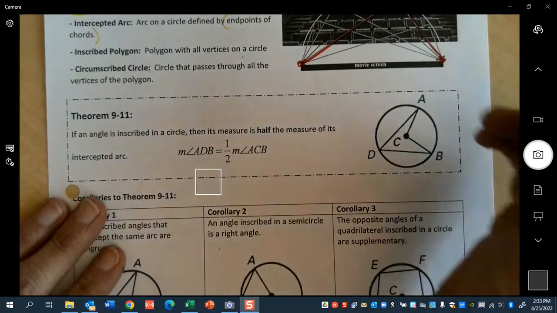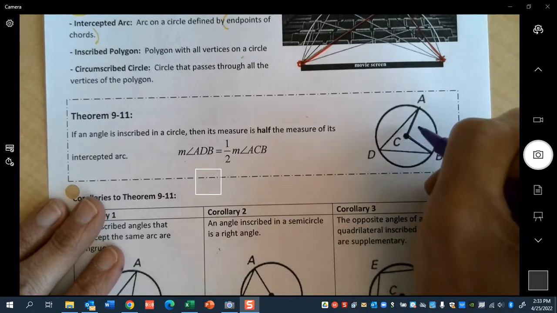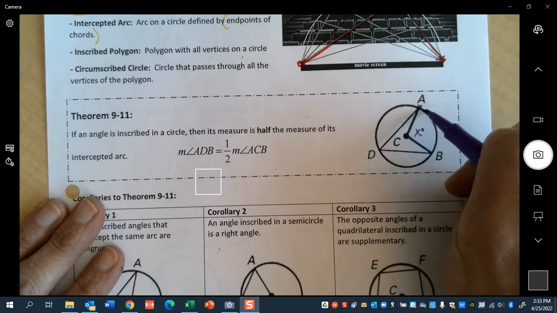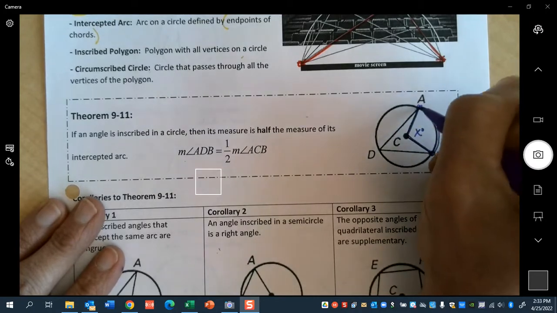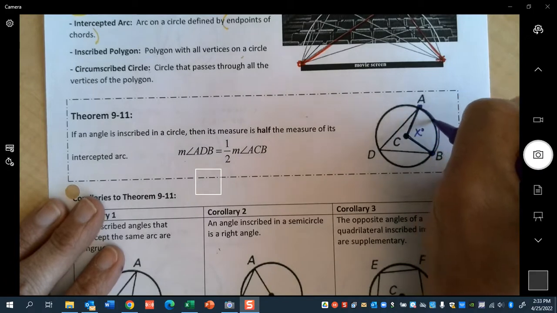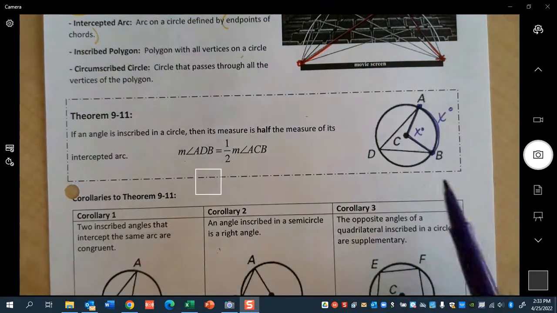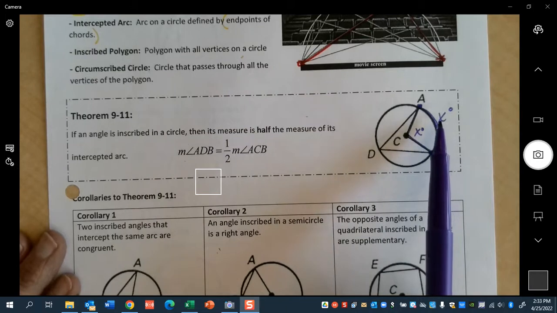If I have a central angle and that's x degrees, true or false, its related arc shares the same degree measure? True. Thank you. You made me nervous for a little bit. Those two things, this angle, this arc, same measure.